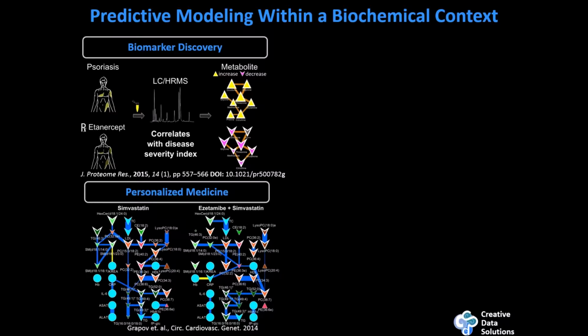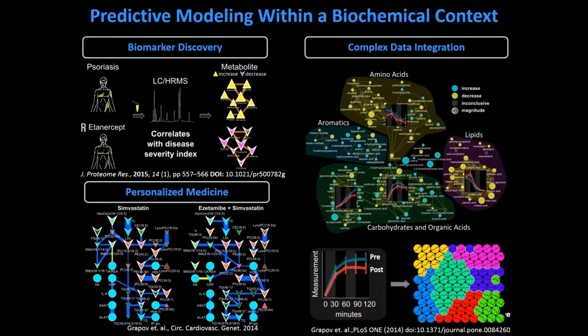In doing this kind of work in metabolomics, we're really having to do all sorts of complex data integration, because metabolomics combines a lot of complex biochemical domains under its umbrella, but also we have complicated studies. We might have multi-year studies or complicated time courses.